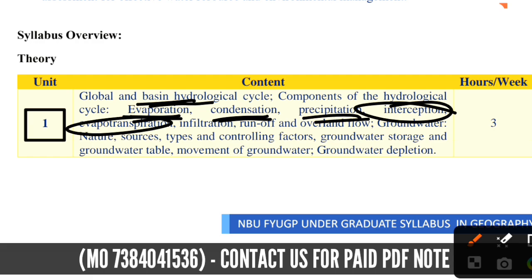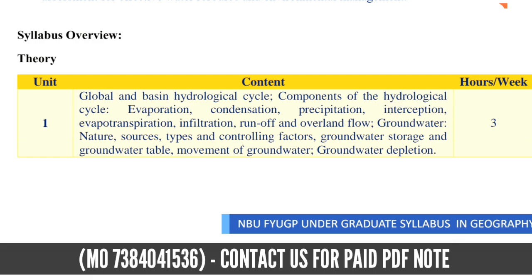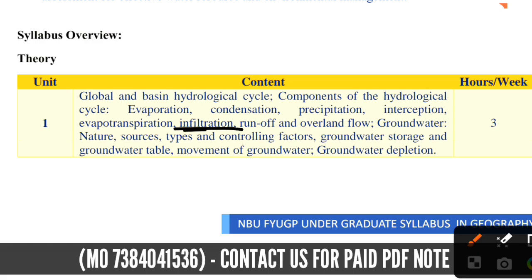After that comes infiltration. Infiltration means the process through which water enters the soil. Then you have runoff and overland flow. These topics explain how water moves over the land surface.